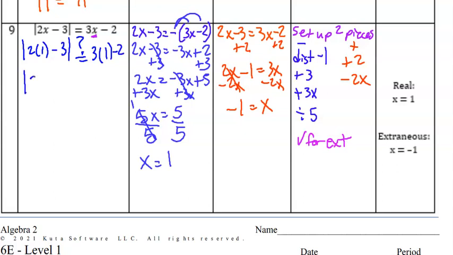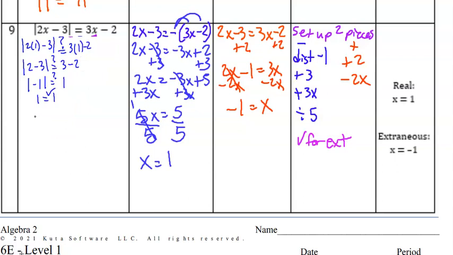Is the absolute value of 2 minus 3 equal to 3 minus 2? Is the absolute value of negative 1 equal to 1? Yes, 1 does equal 1. The absolute value of negative 1 is a positive 1. That's true. x equals 1 is a real solution.